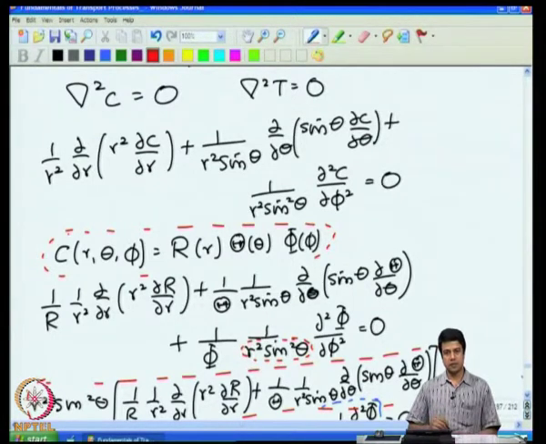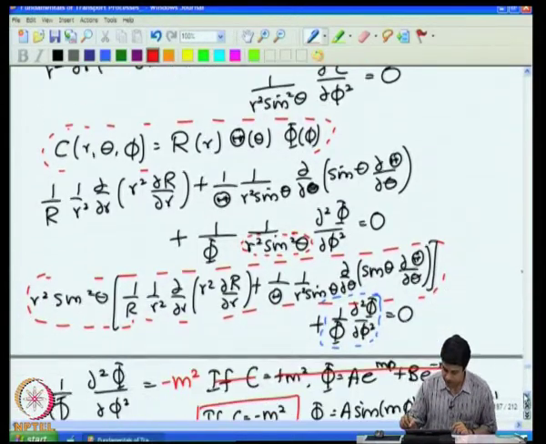When that is not possible, we try to use the separation of variables technique. And here we separate out the dependence of the concentration on r, theta and phi in terms of a function of r alone, of theta alone and of phi alone. And we attempt to get separate equations for each one of these. That was where we left off in the last class.